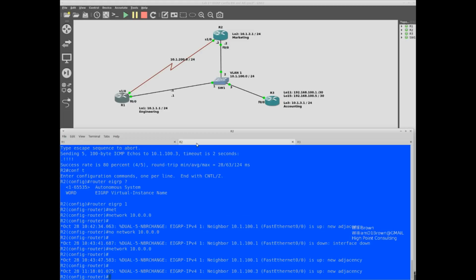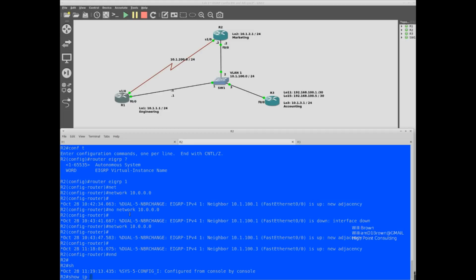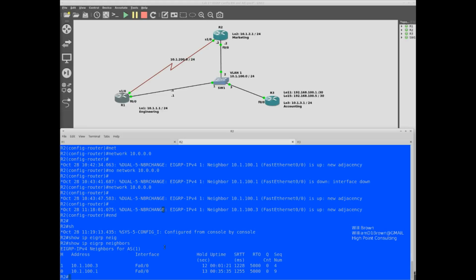And let's just move on. We'll look at it on router 2. Show IP EIGRP neighbors. Okay, and there we go.